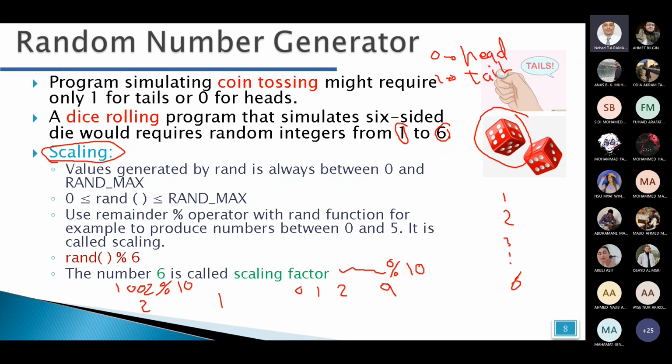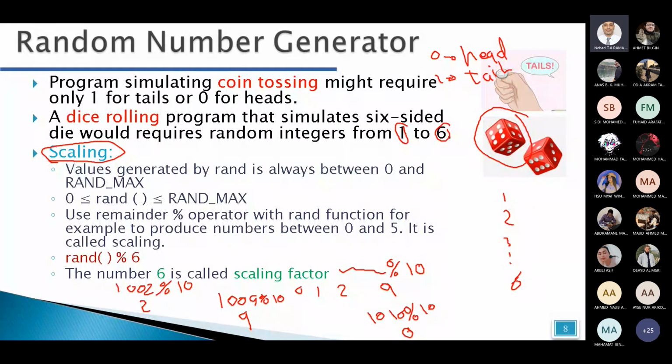Okay, another example. 2009 mod 10. What's the result? 9. 1010 mod 10. What's the result? 0.